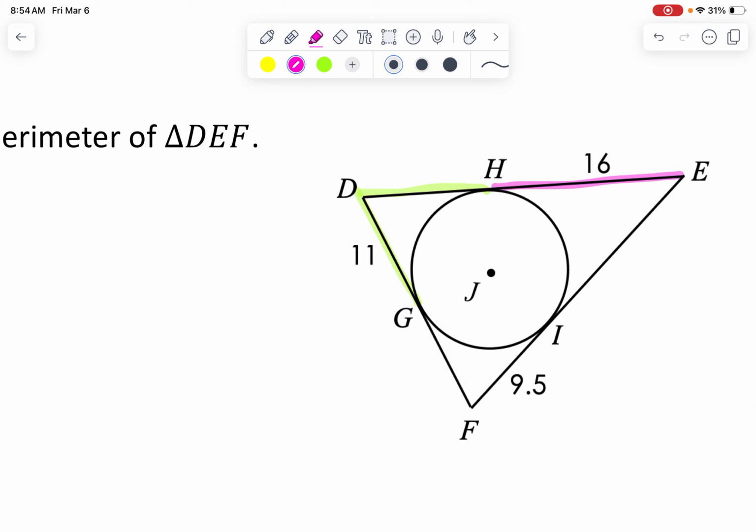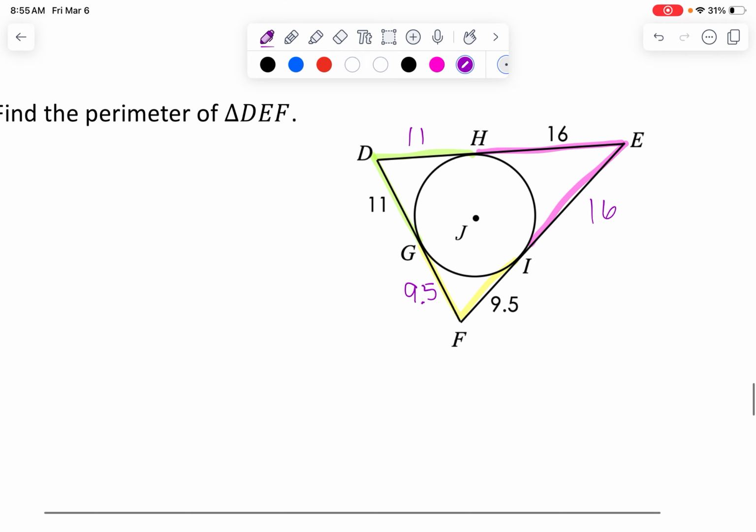So this is congruent to this by the property that we just went over. And then this is congruent to this. So that means I can just fill in some of these things. I know that this then is 11, this is 16, and this is 9.5.